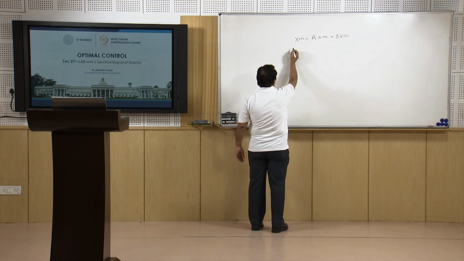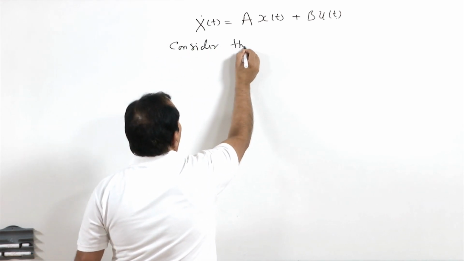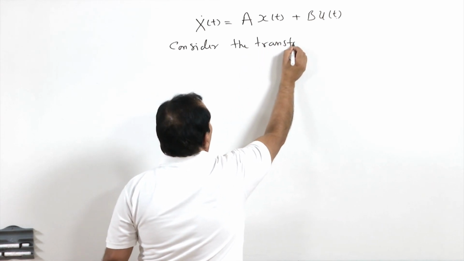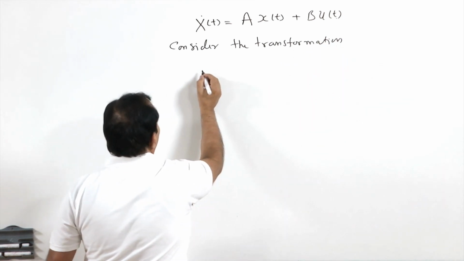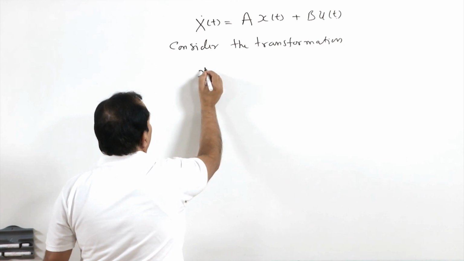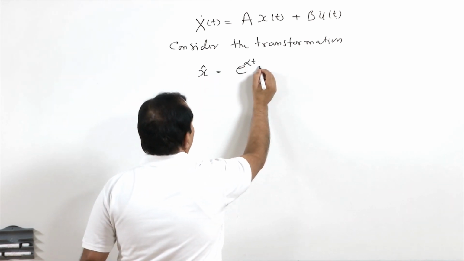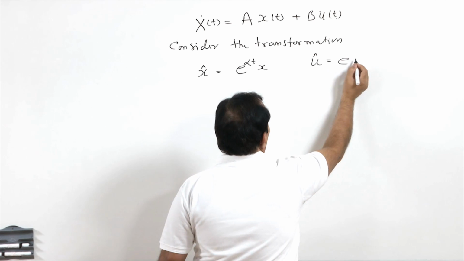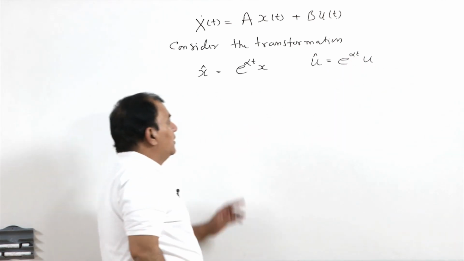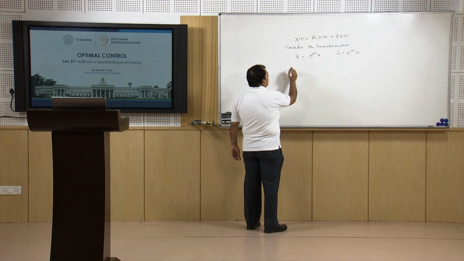To get the transform, we consider the transformation x hat of t equal to e to the power alpha t x of t, and u hat as e to the power alpha t u of t.